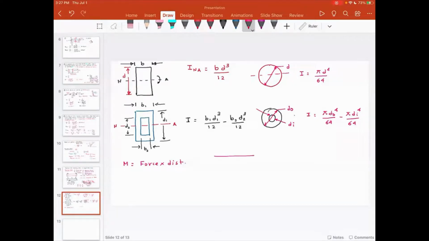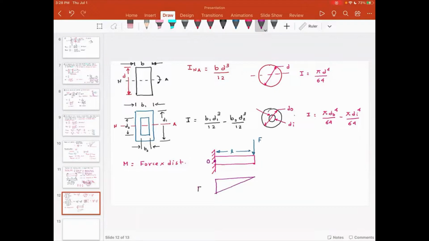If you have a cantilever beam, and say there is a force here, and the length of the beam is L, the maximum moment is going to be at this section O. If you were to draw the bending moment diagram, this is how it's going to look.